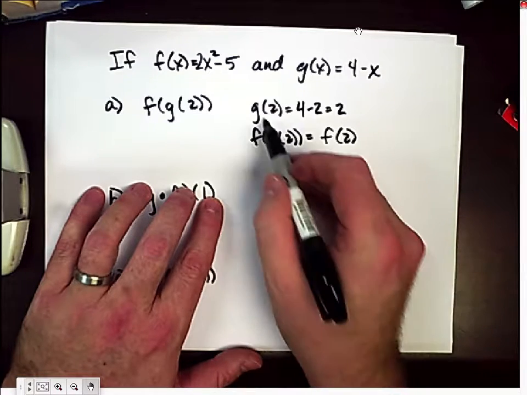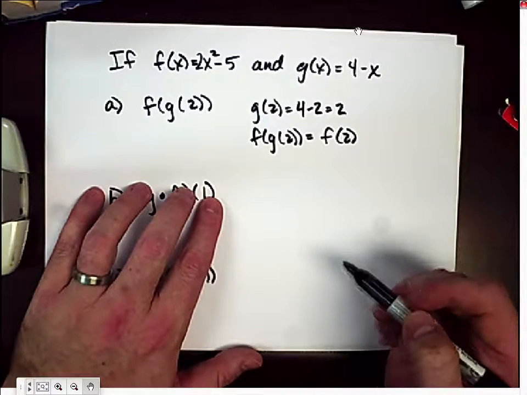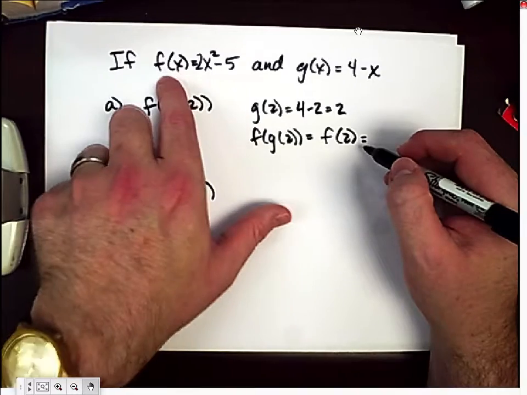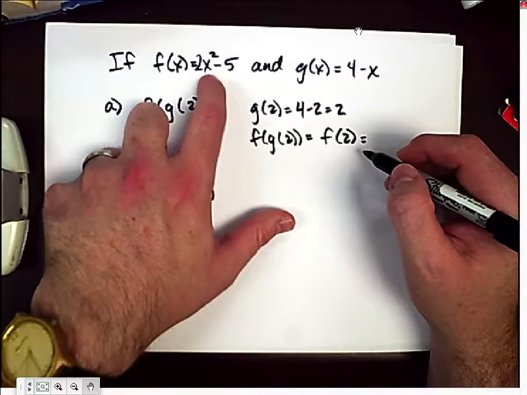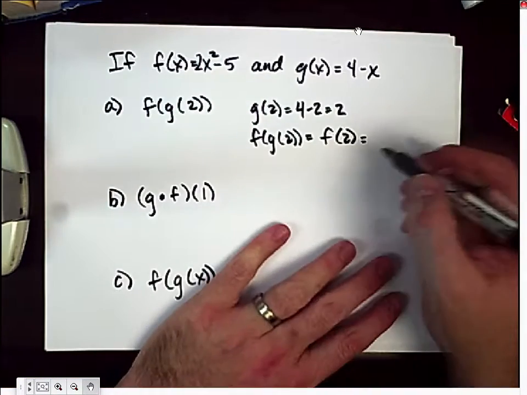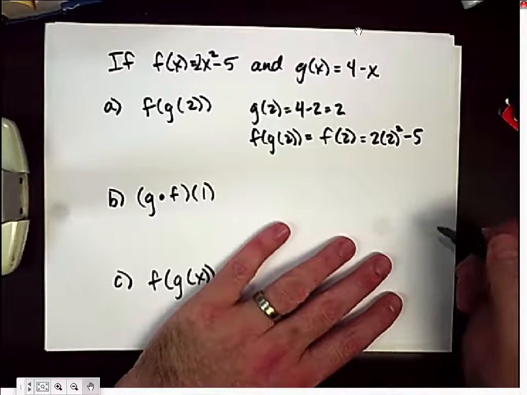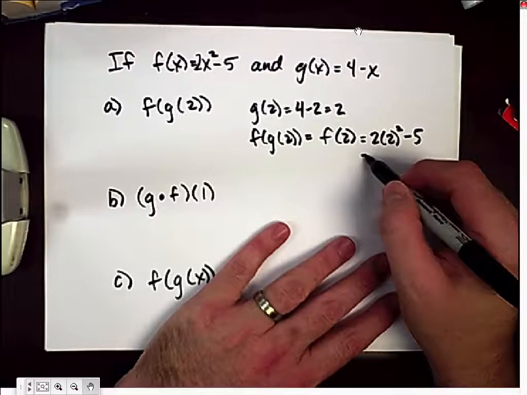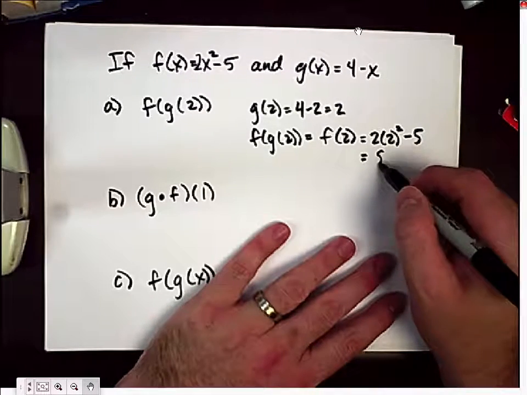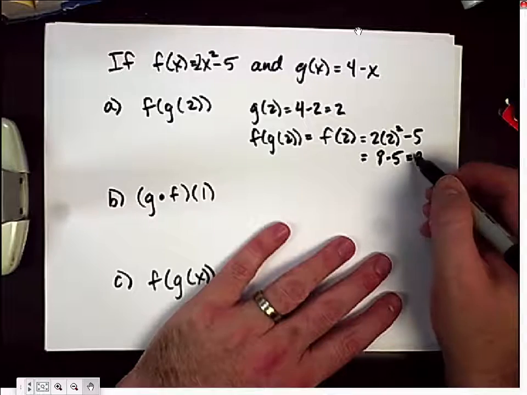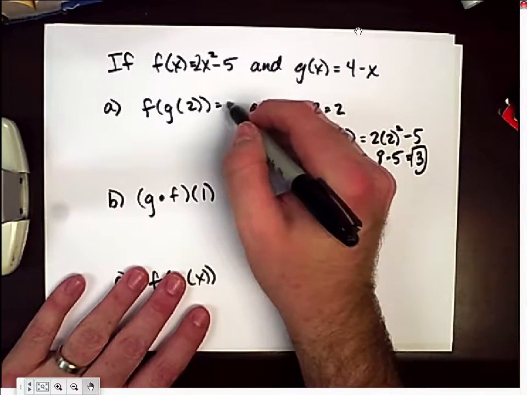Well then f of anything is 2 times anything squared minus 5. So f of 2 would be 2 times 2 squared minus 5, which is 2 squared is 4, 4 times 2 is 8, minus 5 would be 3. So f of g of 2 is 3.